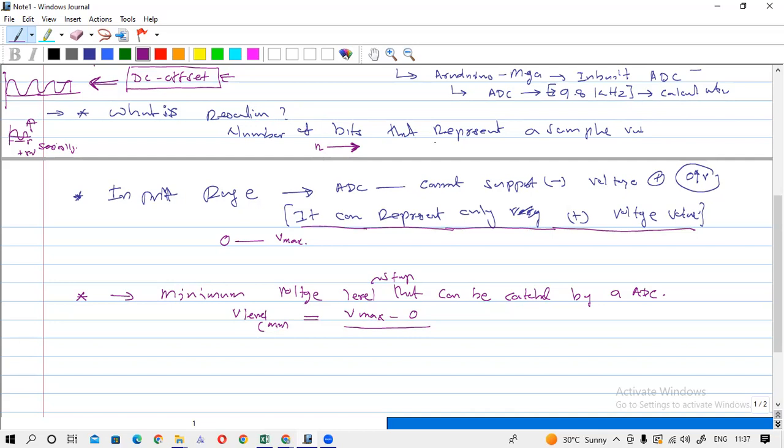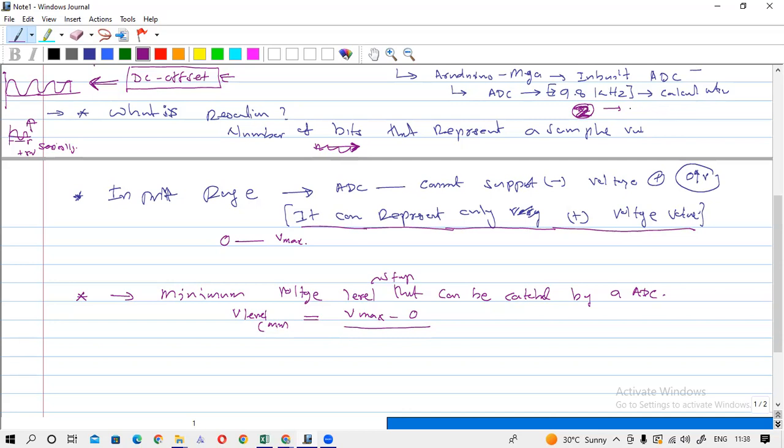For example, let's say that your ADC resolution is 2.